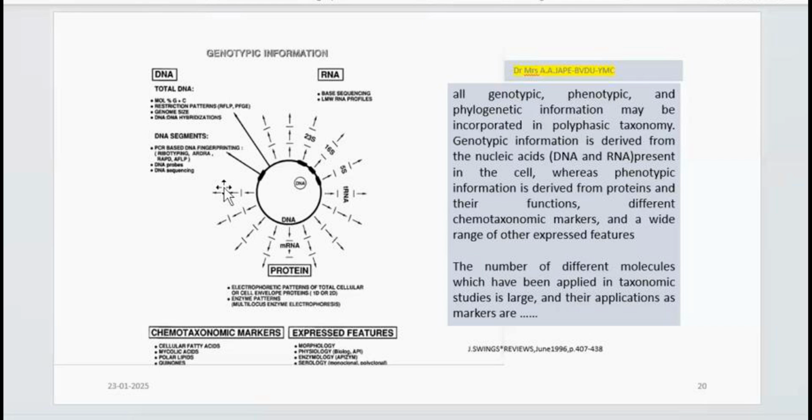Second method is rRNA cataloging of RNase T1 resistant oligonucleotides of 16S rRNA.